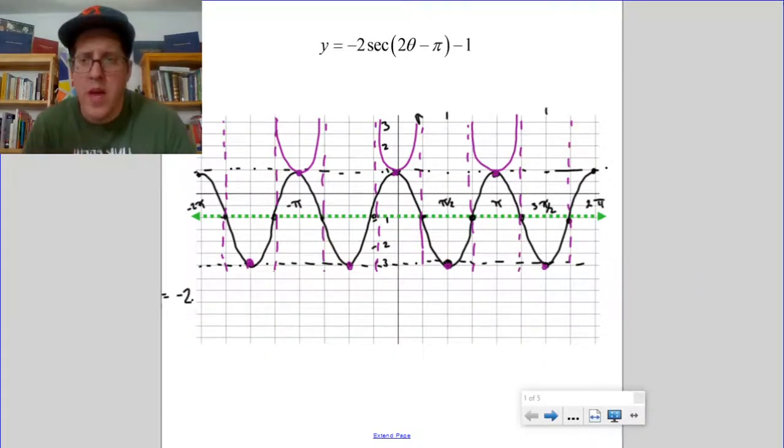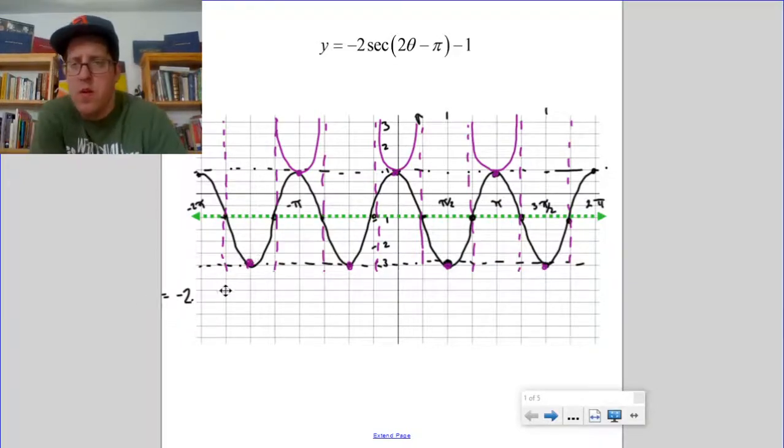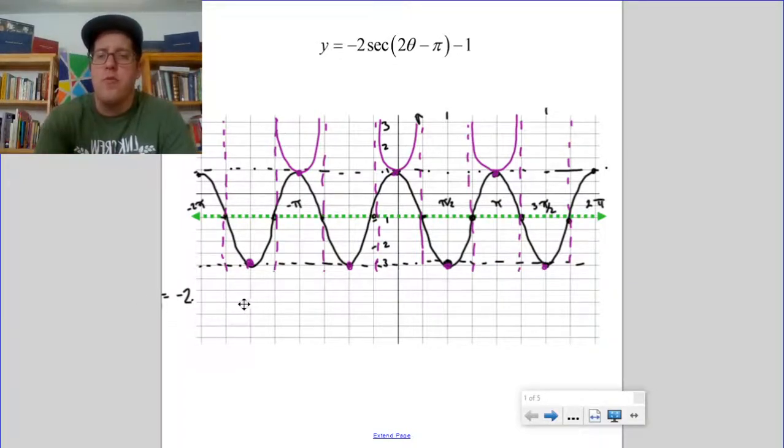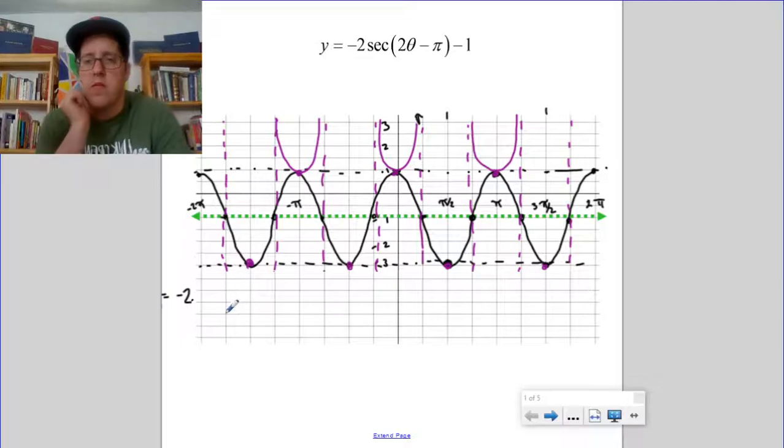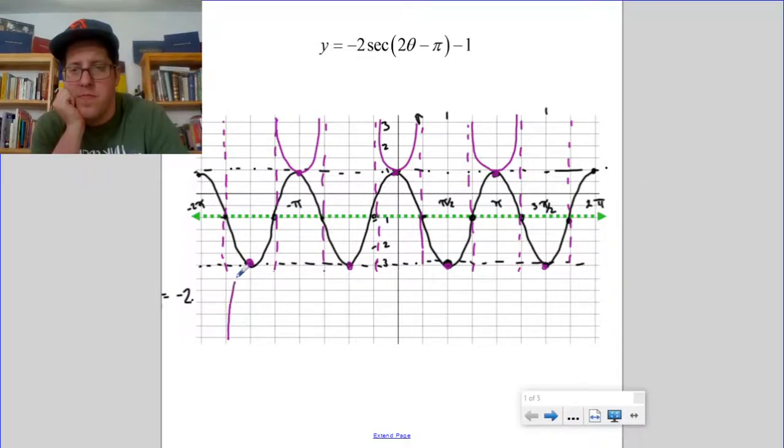Now the same thing happens underneath. So the graph would look like this. And I had to extend my graph, but that asymptote still is there, of course. So we end up getting a graph that looks like this.